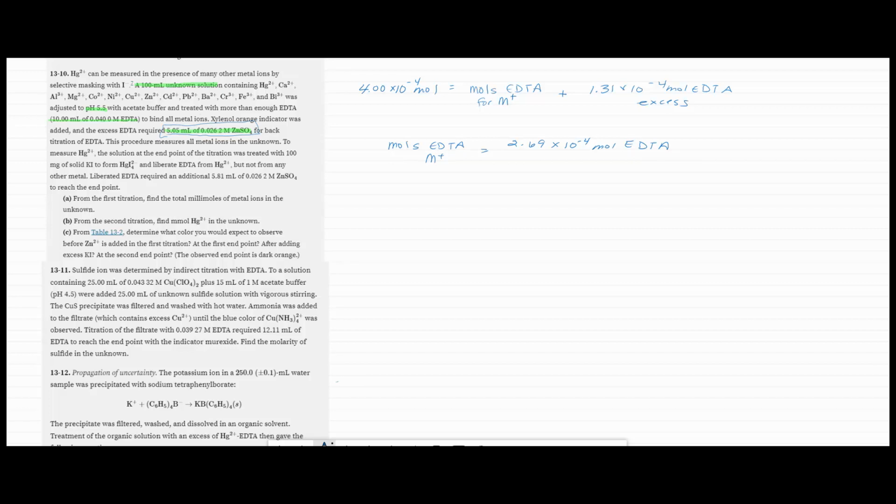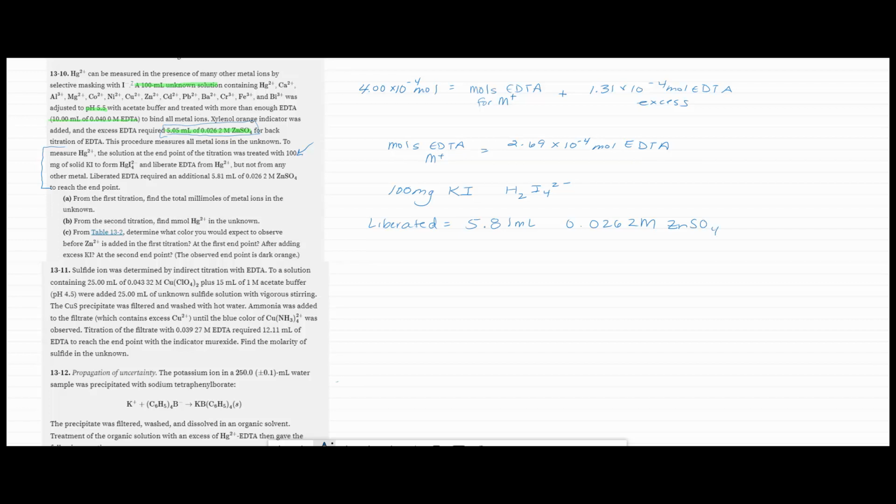To measure mercury 2, the solution at the end point of the titration was treated with 100 milligrams of KI to form HgI4 and liberate the EDTA from the Hg2+, but not from any other metal. So the liberated EDTA required 5.81 milliliters of 0.0262 molar zinc sulfate.